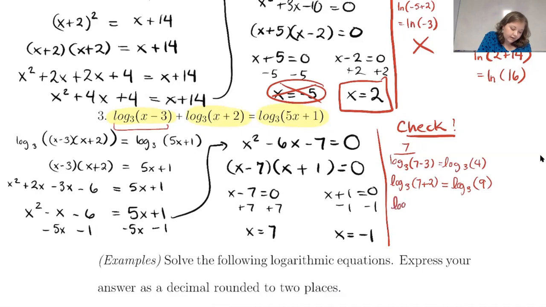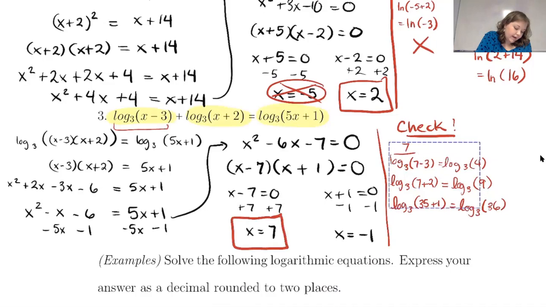And then log base 3 of 5 times 7, which is 35, plus 1 is log base 3 of 36, which is also positive. So 7 ends up being good. 7 is okay.